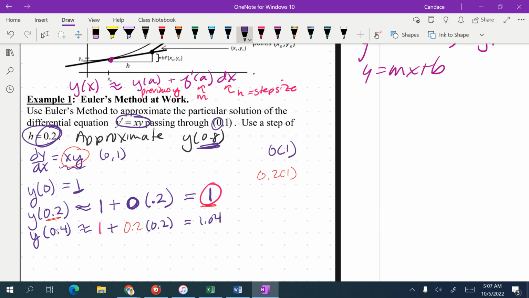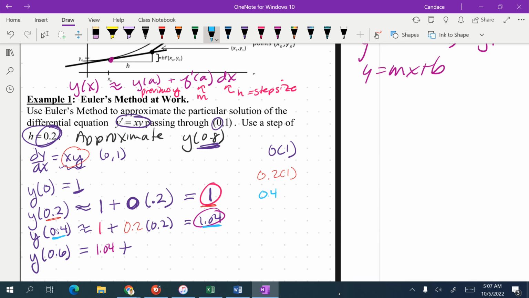I'm going to keep going until I hit 0.8. My next step would be y of 0.6, because I'm adding on 0.2. I write down my previous y value, so this goes here, plus then I take my new point, 0.4 and 1.04.